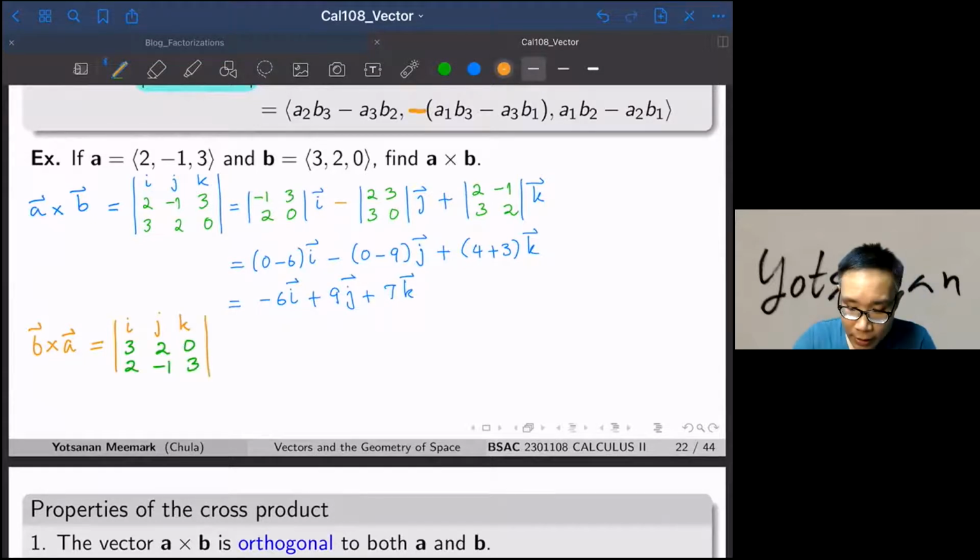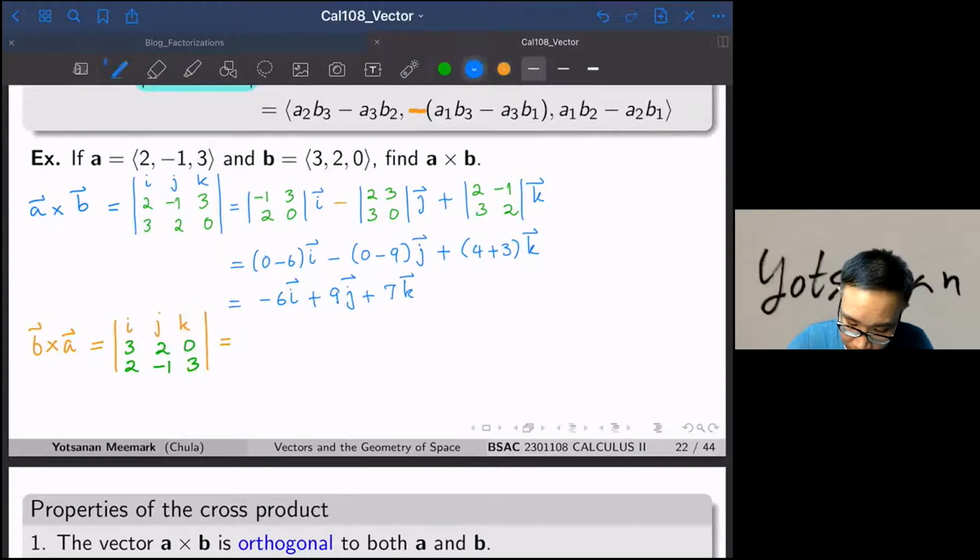Okay, and for this one, it's gonna turn out to be, you see that you close I, you get 0, -1, 3, close J is gonna be 3, 0, 2, 3, and close K is gonna be 3, 2, 2, -1.